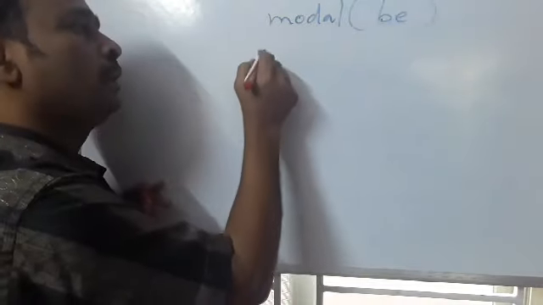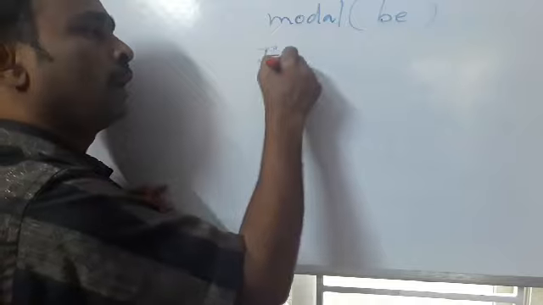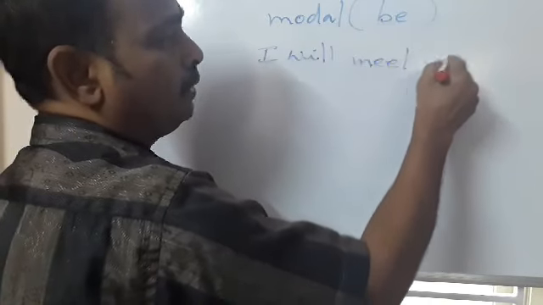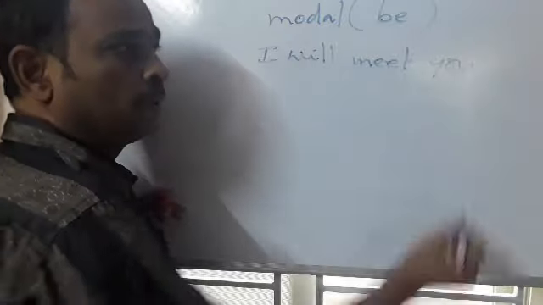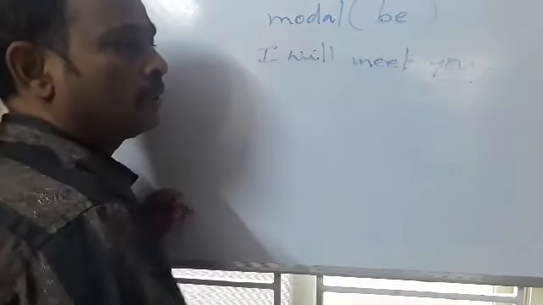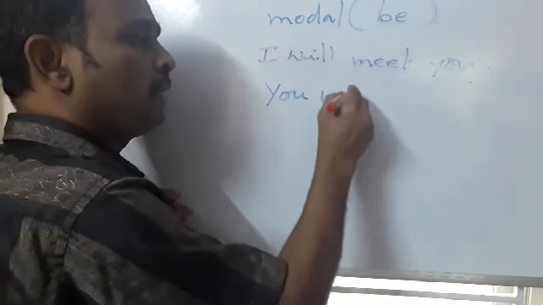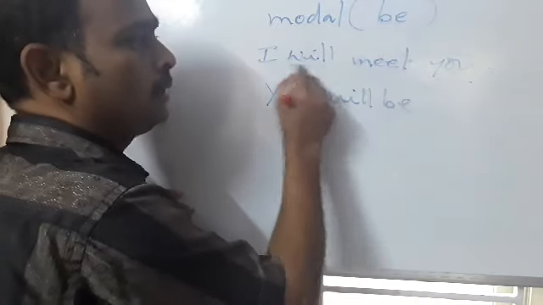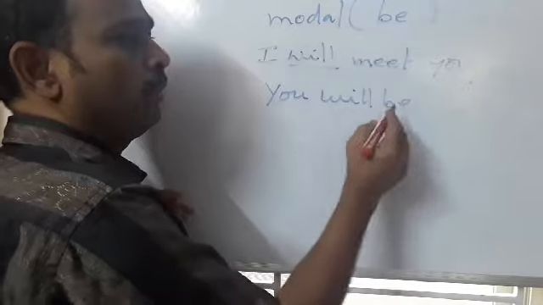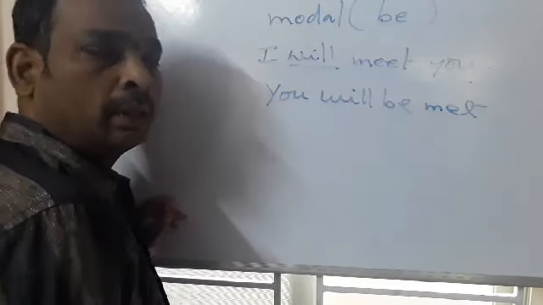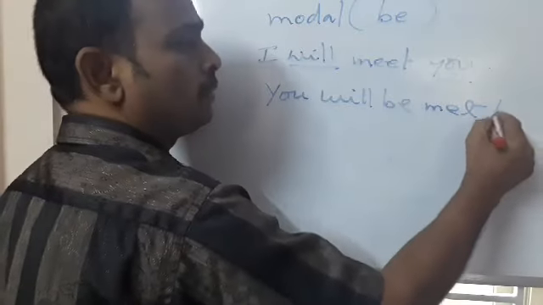So for example, I will meet you. I will meet you. So here you is the object. So you will be. Very simple. Will is there. Add be. Will be met. Meet, met. You will be met by me.